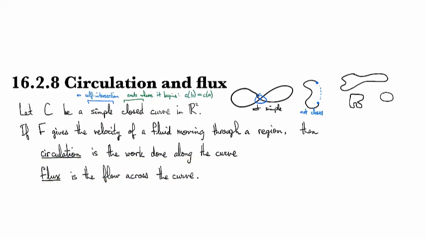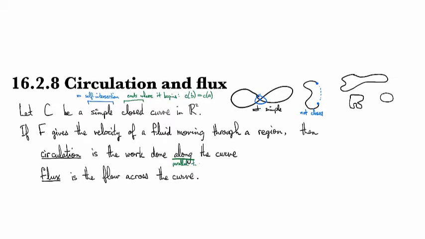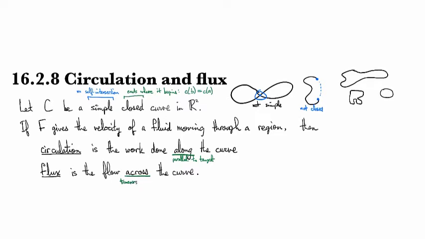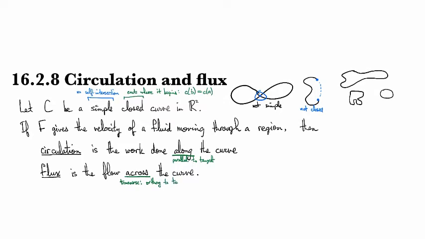And so the idea here is that when I say along, I mean that we're looking at it going parallel to the tangent of the curve. And when I say across, I mean transverse motion. So it's going to be orthogonal to the tangent.